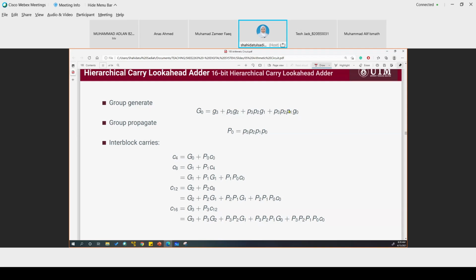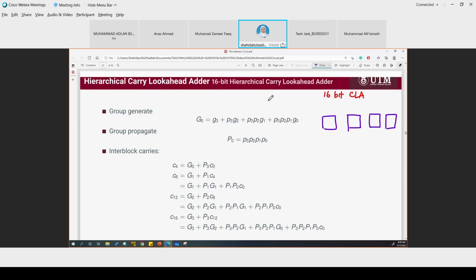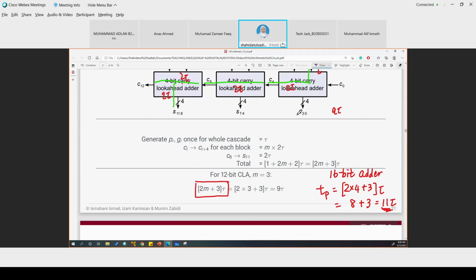So if we want to do a 16-bit CLA, carry look ahead adder, we're going to cascade 4 4-bit CLA blocks.